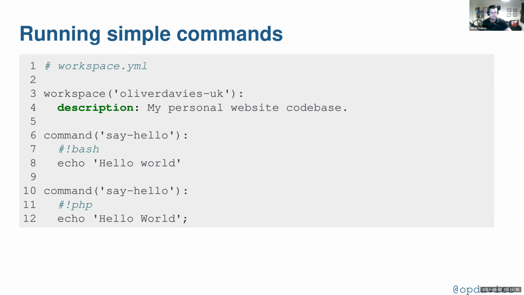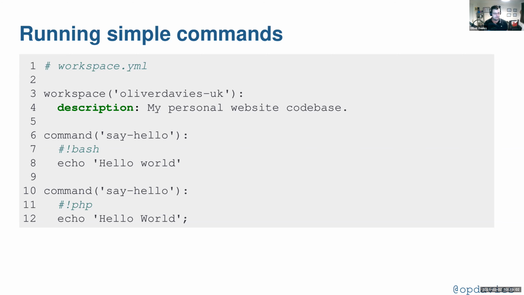And then from line 6 down, we've defined a command. I've defined the same command here twice, once in Bash and once in PHP. So you can swap out the interpreter. I think to anything. I've only done it with Bash and PHP, and they're the ones that are documented on the page. But I guess you could change that to be anything, and it would work. We're using the keyword command here in both examples, and the command is just called say hello.